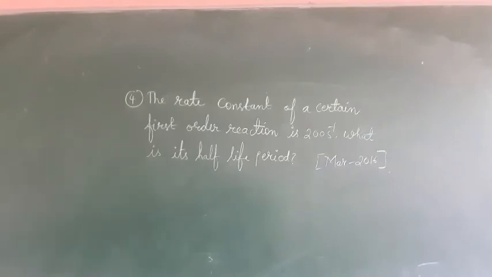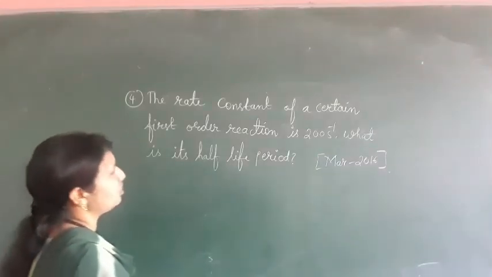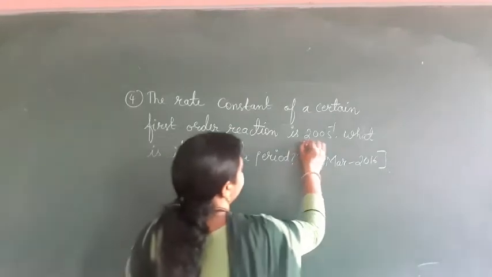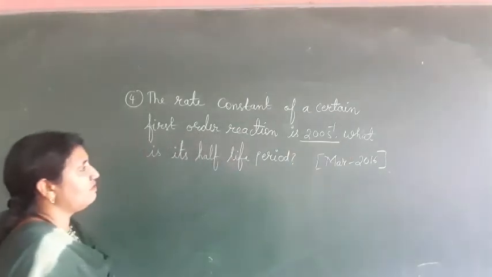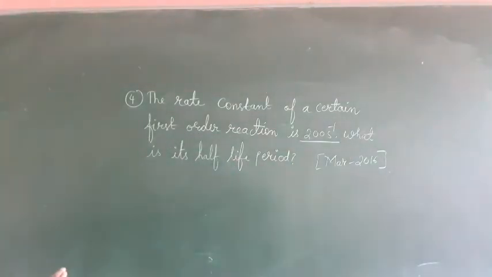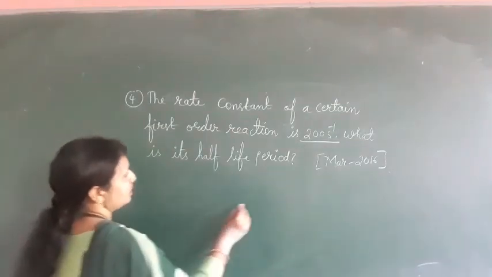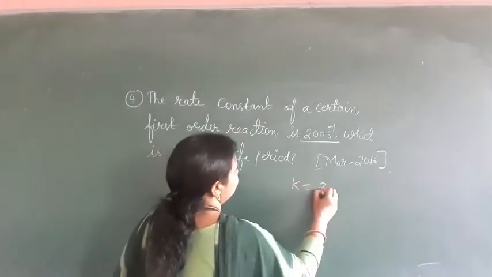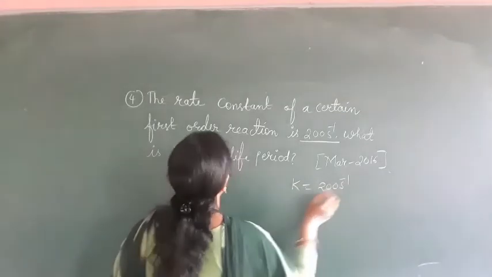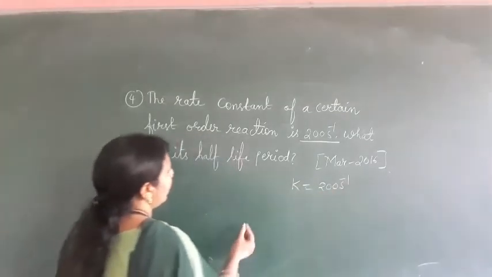Next question: the rate constant of a certain first order reaction is 200 per second. What is its half-life period? Here the first order reaction's rate constant, K value, is given as 200 per second, and you have to find out the half-life. Easy only.